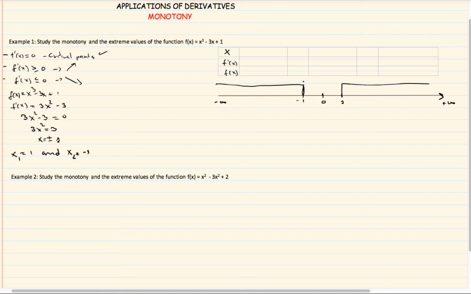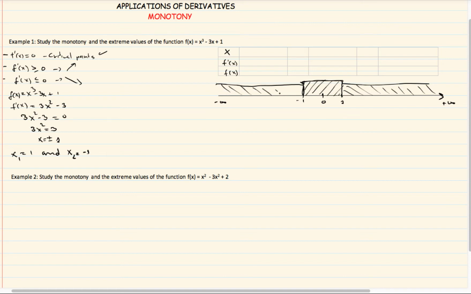So we have the space between the two critical points, and we have this one from the second critical point to plus infinity, considering these as the values of x.